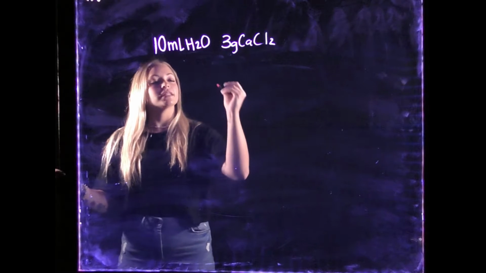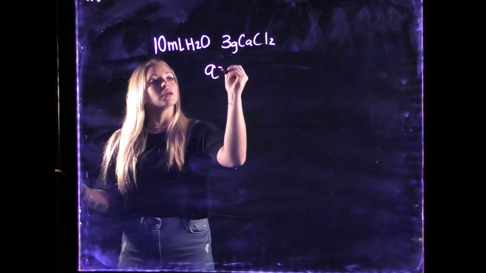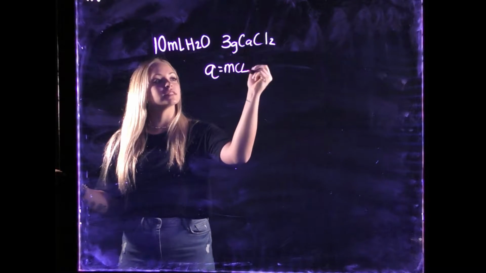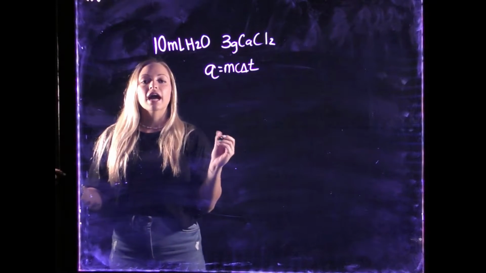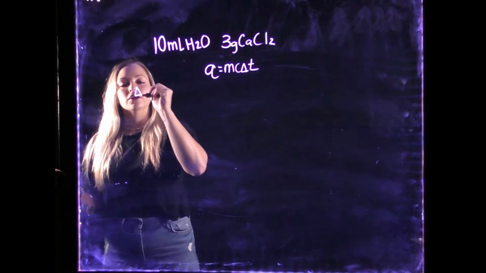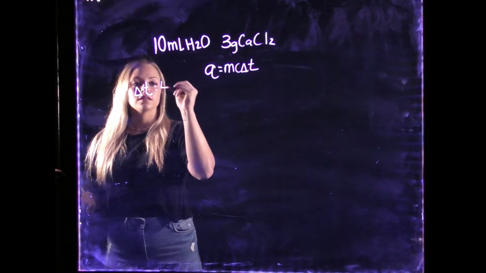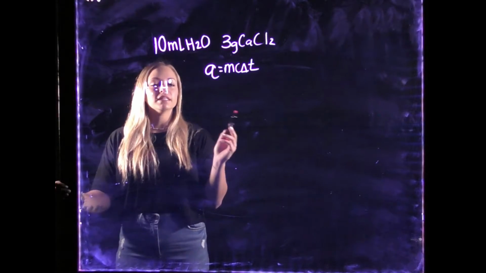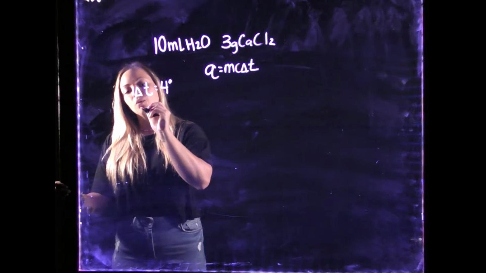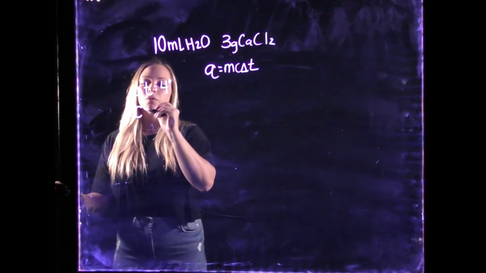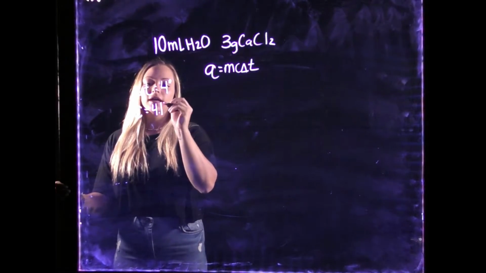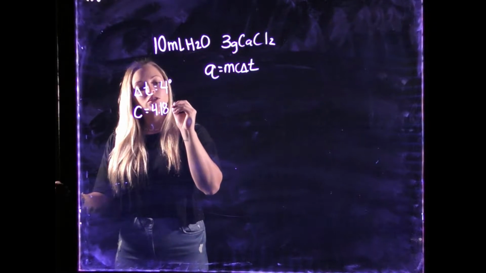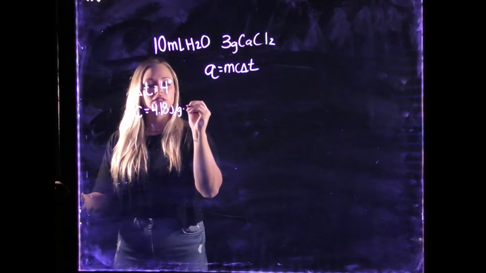Our next step is to use equation Q equals mc delta T. So we just calculated delta T to be 4 degrees Celsius. Now we have to determine what M and C are. C would be the specific heat of water, which is 4.18 joules per gram times degrees Celsius.